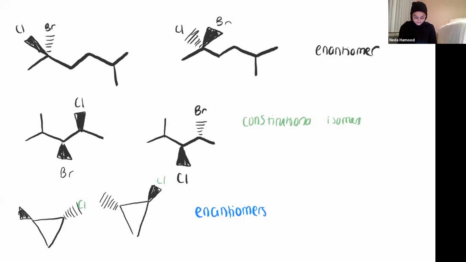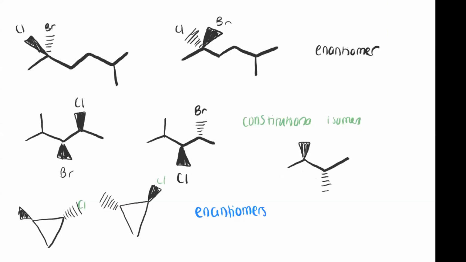So let's say that we have something that looks like this. Do you guys have an example of a mesocompound? I guess, is this a mesocompound? There's a cyclohexane with 2 Brs attached, if they're symmetrical.